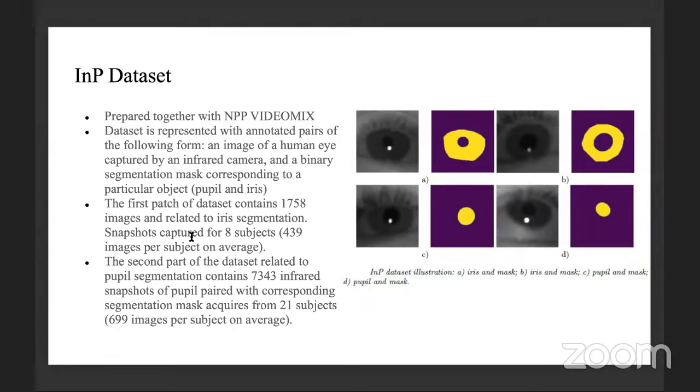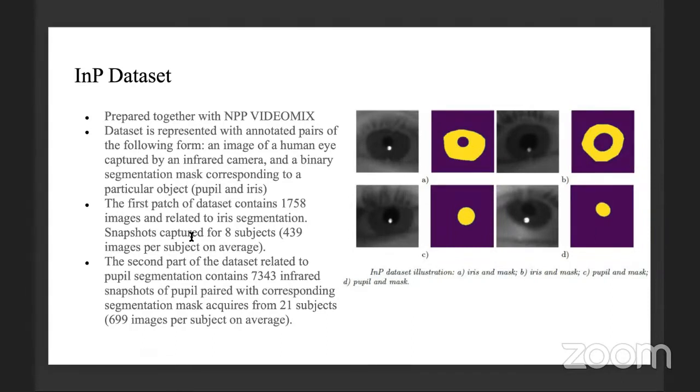We use binary masks, which we are trying to predict. The data set itself consists of about 10,000 images.